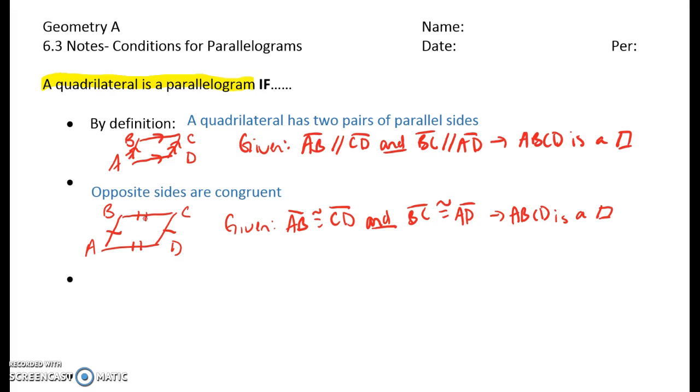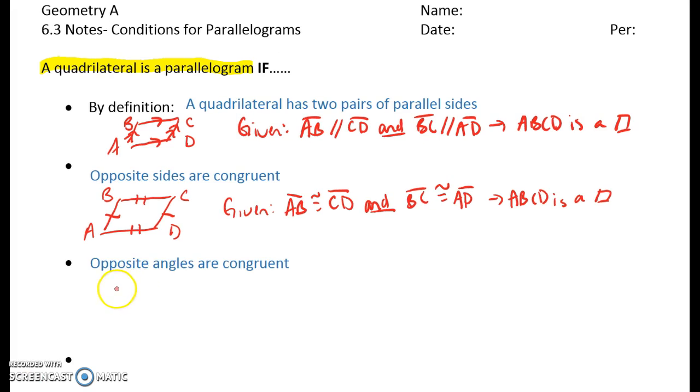All right. Next up, same thing as before, right? We knew if we have a parallelogram, opposite angles are congruent. So conversely, if both pairs of opposite angles are congruent, then we know a quadrilateral is a parallelogram. All right, so if we have this parallelogram ABCD, or sorry, my bad, quadrilateral, we don't know it's a parallelogram yet. So if we have this quadrilateral ABCD, how do we know it's a parallelogram?